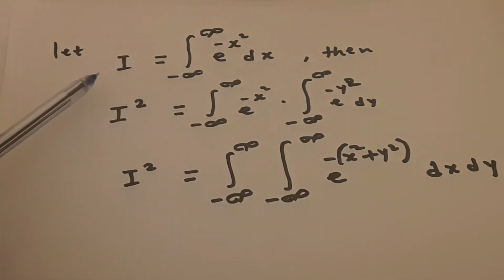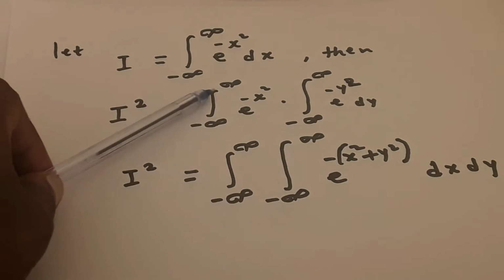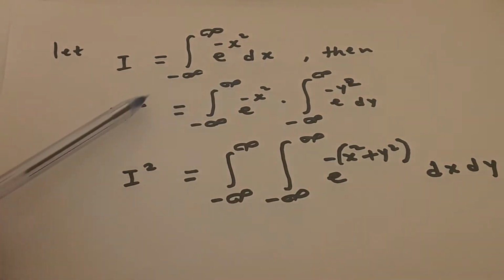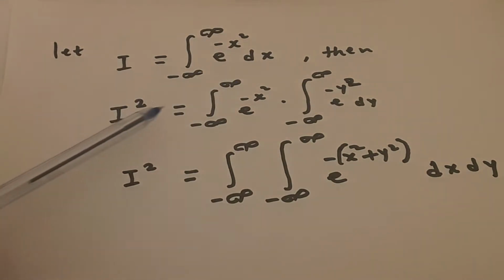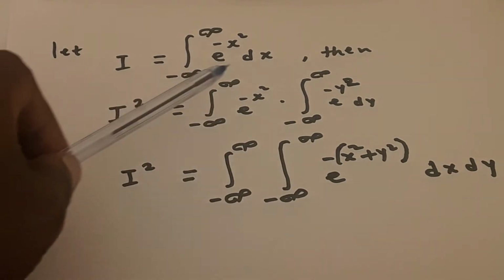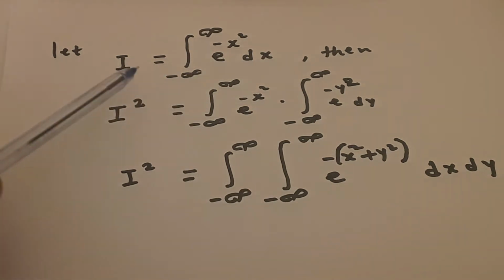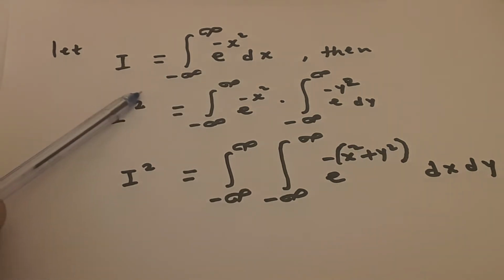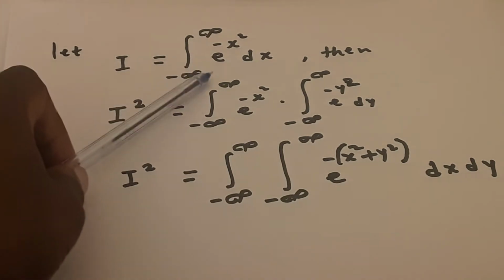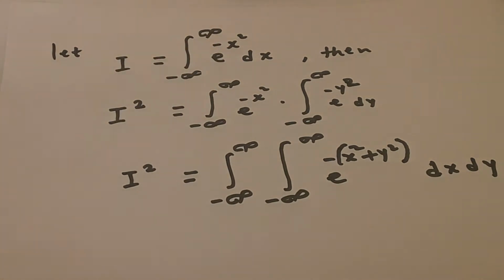Now we assume that I is the integral from minus infinity to infinity of e raised to minus x squared dx. Then I squared means the same integral times itself. Since x is a dummy variable, you can say this I is equivalent to the integral from minus infinity to infinity of e raised to minus y squared dy. That's possible.